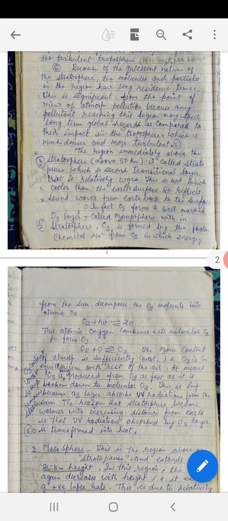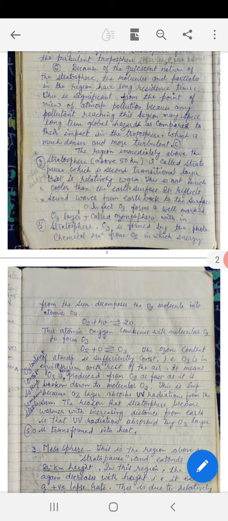Next, the fourth layer is the thermosphere. This is the region immediately above the mesopause, where the temperature rises rapidly with increasing altitude, exhibiting a negative lapse rate. The maximum temperature attained in this region is about plus 1200 degrees centigrade.